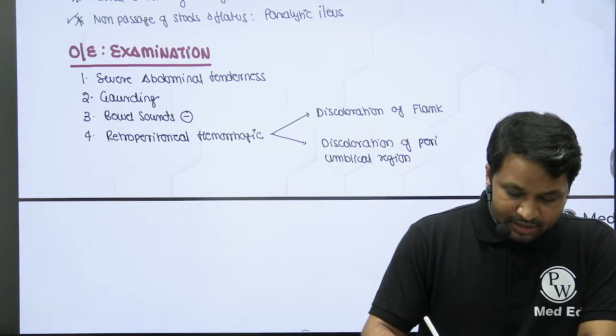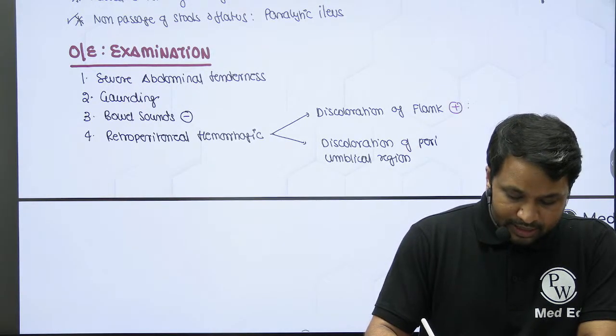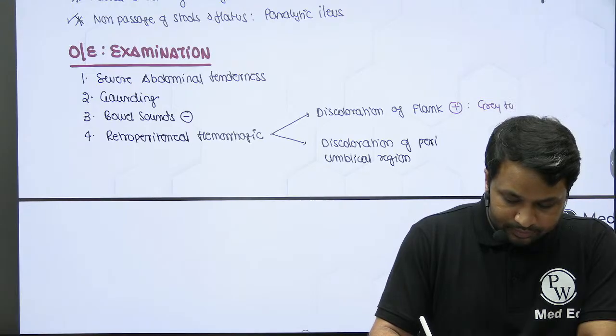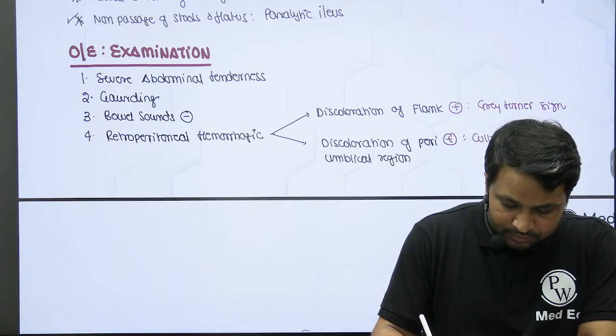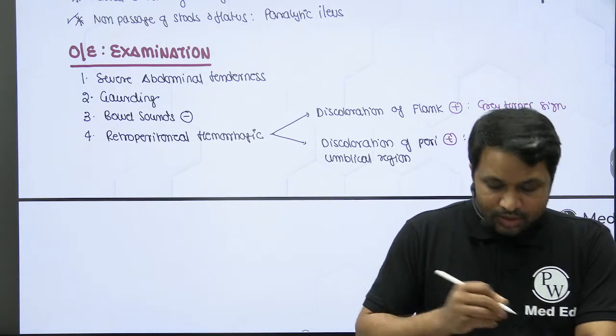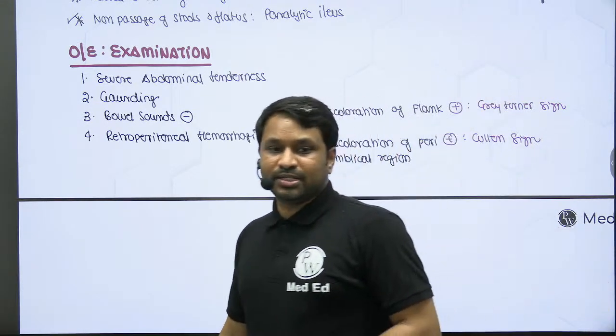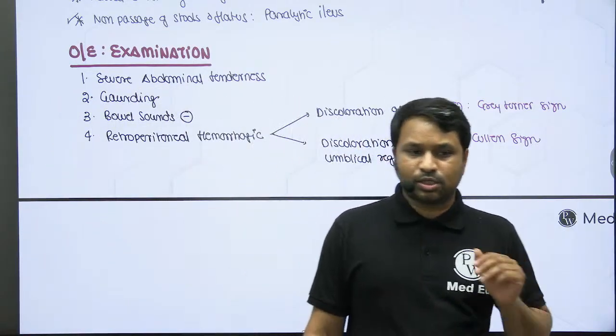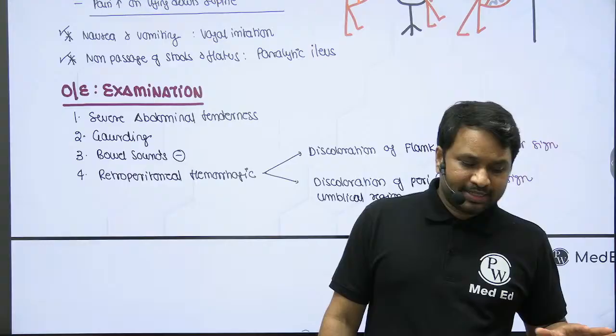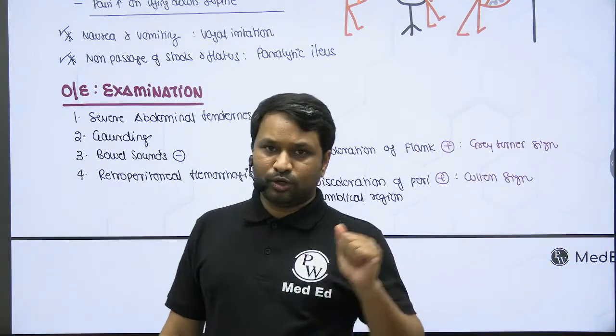Ecchymosis of the flank is what we call the Grey Turner sign. Discoloration of the umbilicus is what we call the Cullen sign. Discoloration of the periumbilical region is what we call Cullen sign. Okay? So on examination, these are the findings that you're going to present.